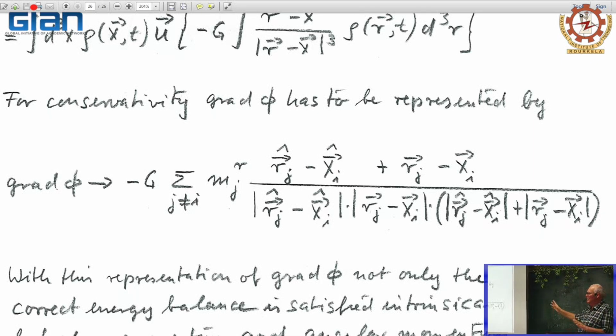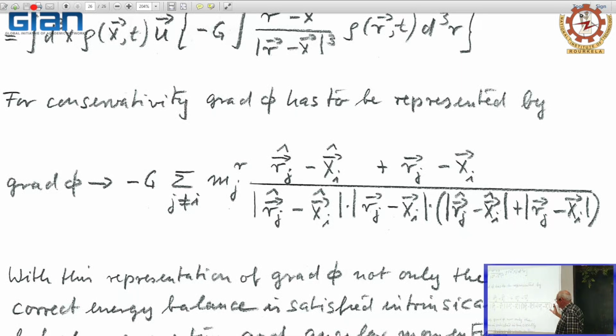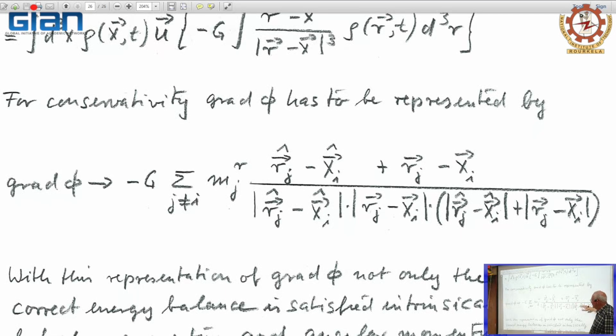Well, I don't expect that you have followed this analysis or the algebra here in detail. If you are interested, you have to do these calculations yourself to be convinced that whenever we represent the gravitational potential in that way, we have conservation of energy.